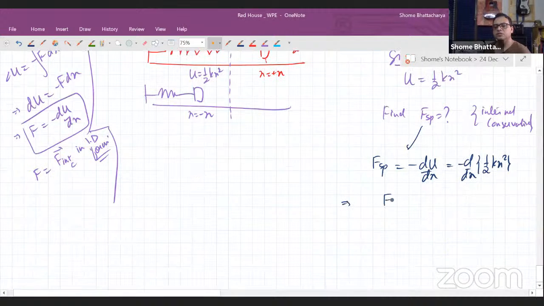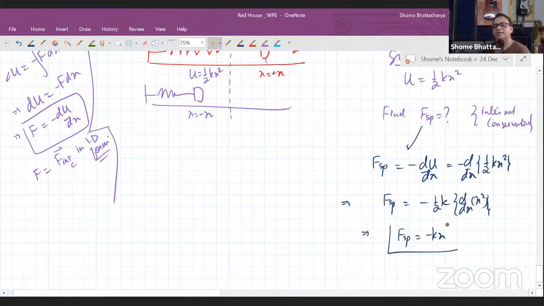So after differentiation, you'll see that this becomes minus half k into differentiation of x square. So the spring force becomes minus kx. So what the minus sign is showing us is that the spring force always points to x equal to 0.